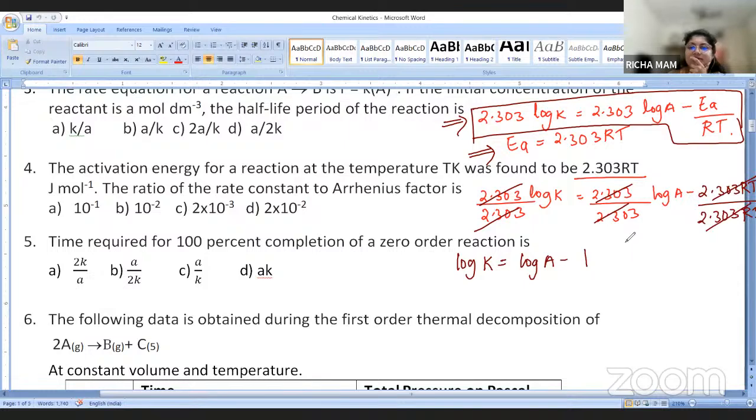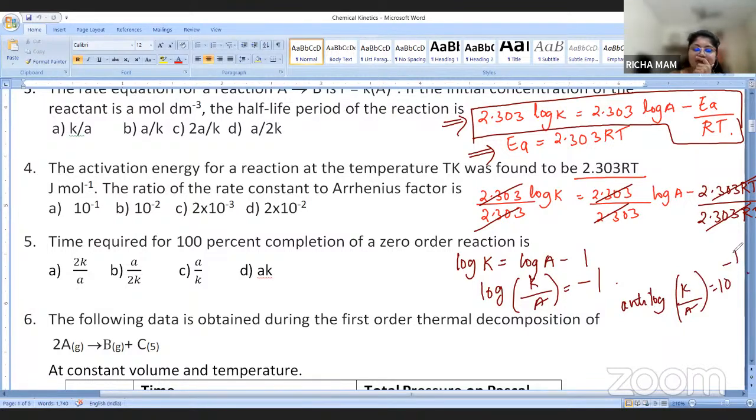So log of K minus log of A is equal to minus 1. So log of K by A is equal to minus 1. If we take anti-log, anti-log of K by A is equal to 10 raised to minus 1.